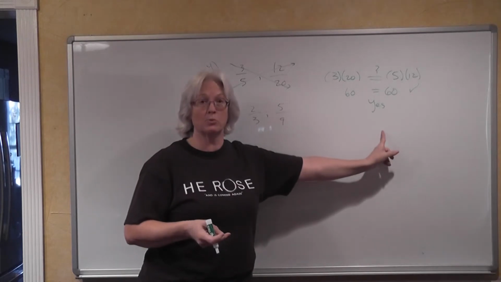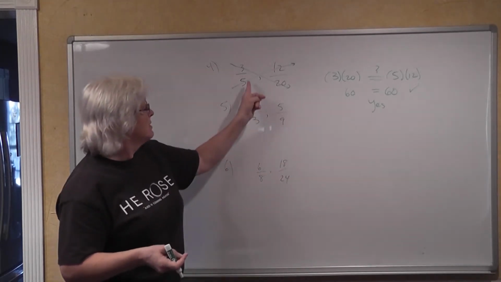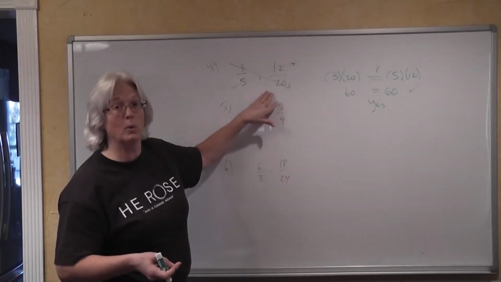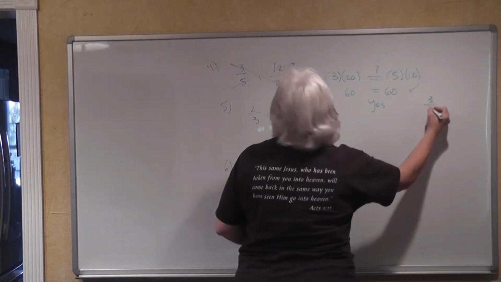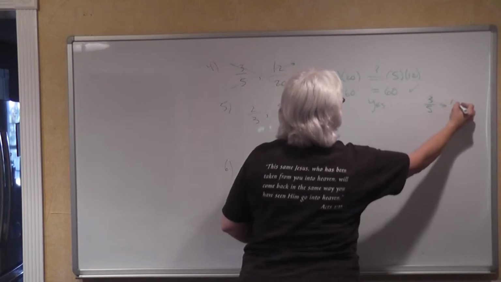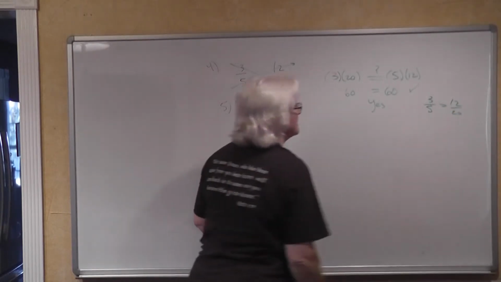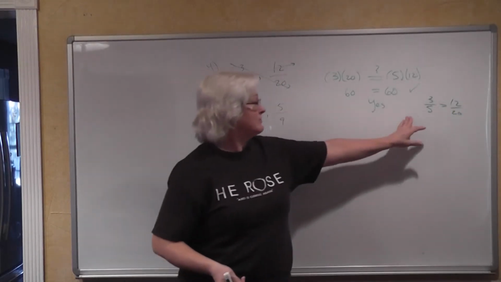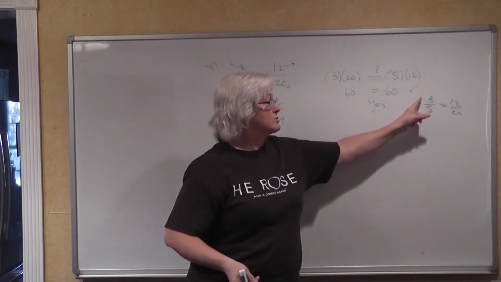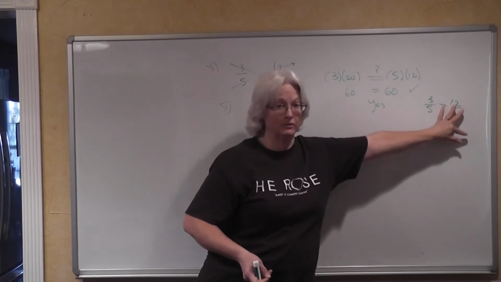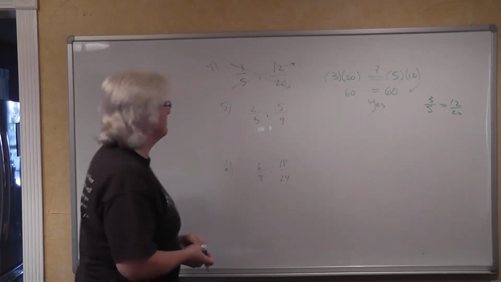Because the cross products are equal, those two fractions are equivalent. 3/5 is equivalent to 12/20. And how did we get from 5 to 20? We said 5 times 4 is 20, which would mean that 3 times 4 would have to be 12, which is exactly what we have.